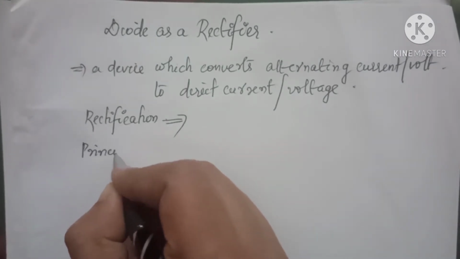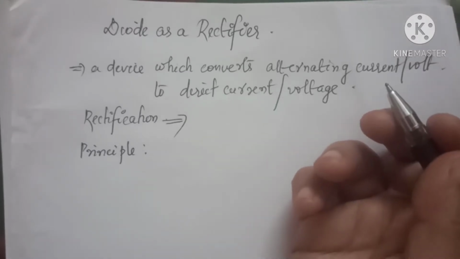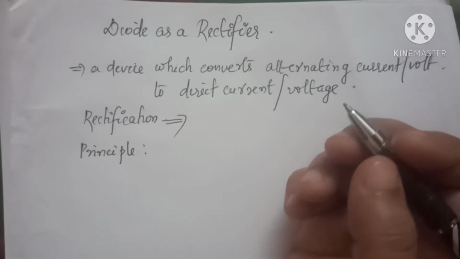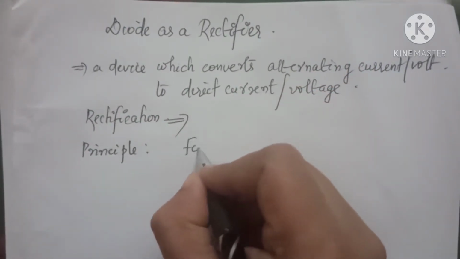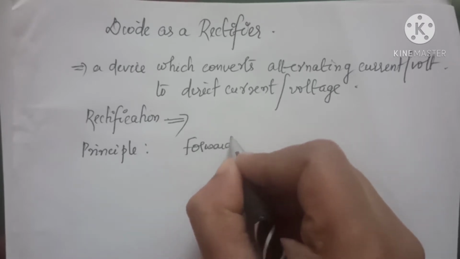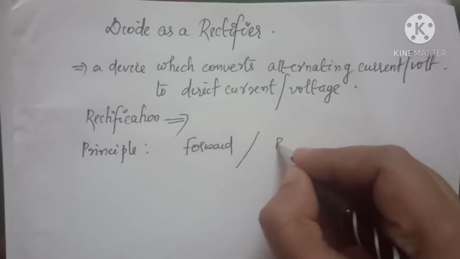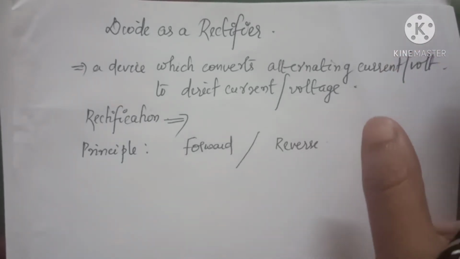So you should be aware of the principle. We already told that a diode can be biased in two ways, that is forward bias and reverse bias. So only in forward bias the conduction is happening, right? And in reverse bias the flow of current is very less.